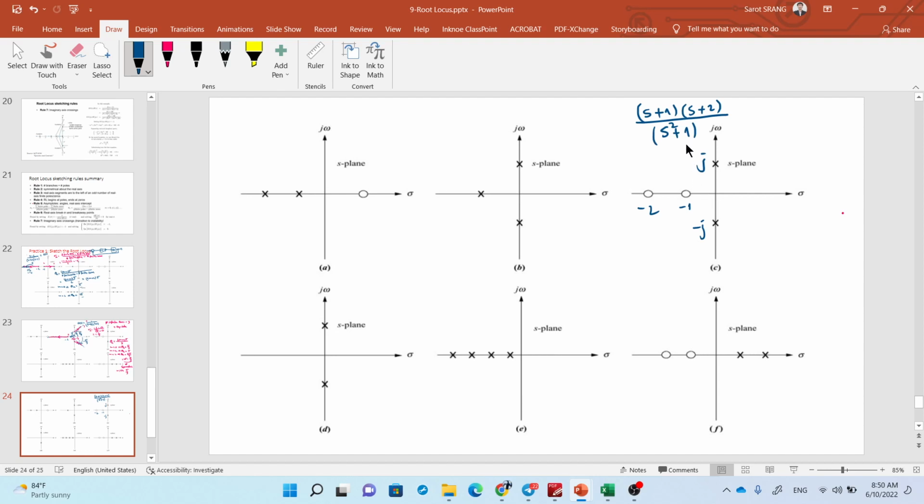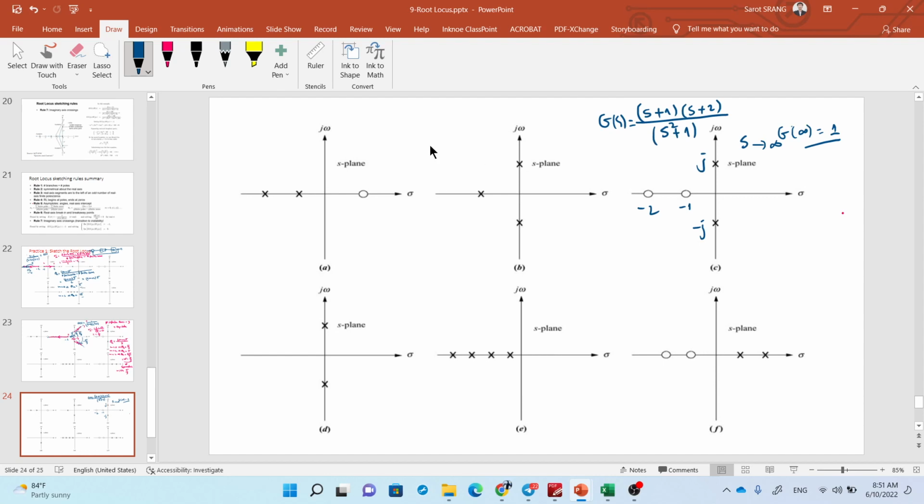And if we take the limit as s approaches infinity, we don't get zero, right? When s approaches infinity, then we have, yeah, 1. G of infinity is 1. It means it cannot be 0. So I mean it does not have infinite zeros, so it does not have asymptotes.